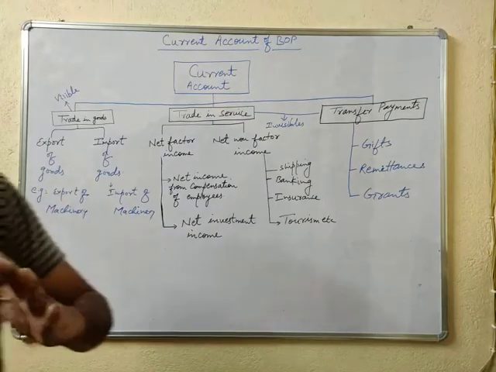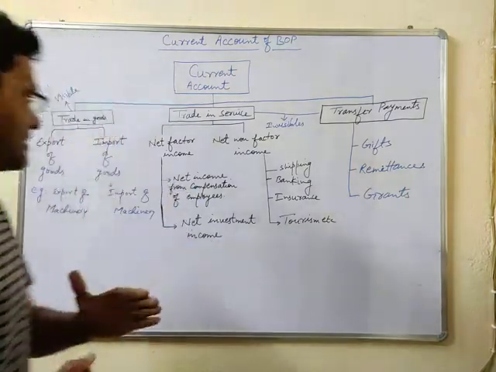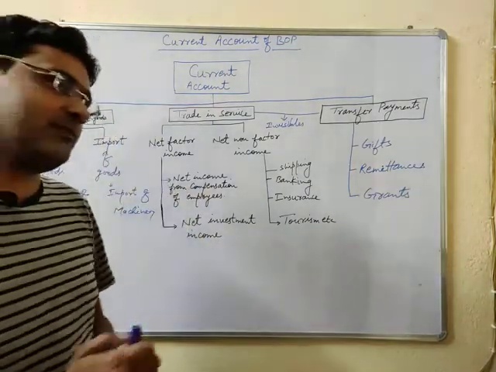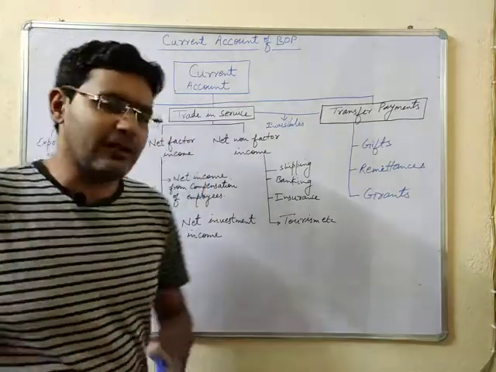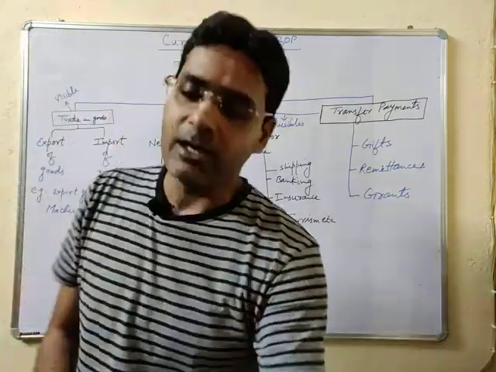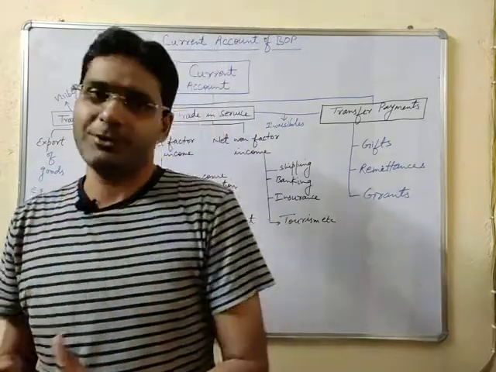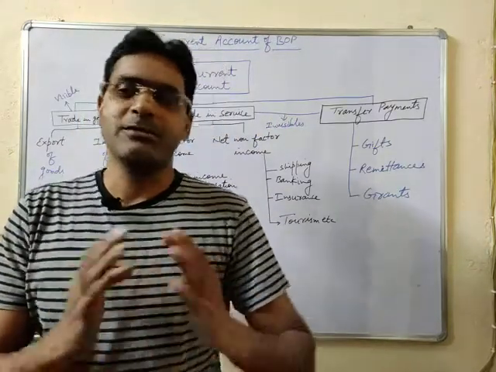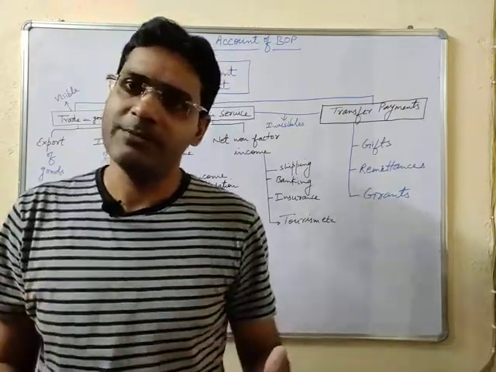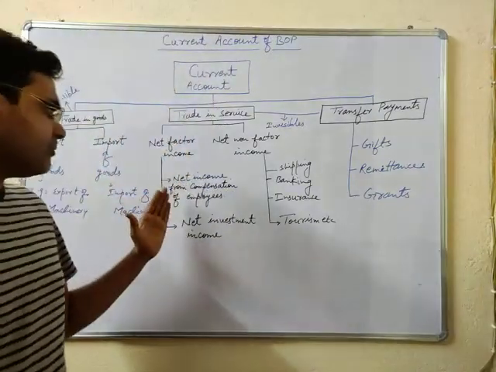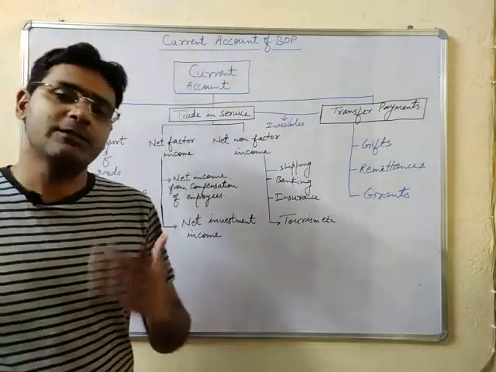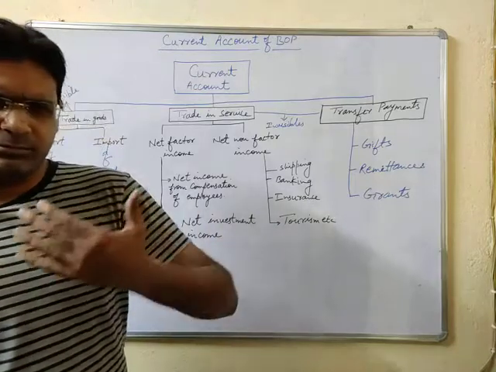Net factor income is further classified into two parts. As you know, factor income is the income earned from the factors of production, such as land, labor, capital, etc. So after rendering the services of factors, whatever we get.